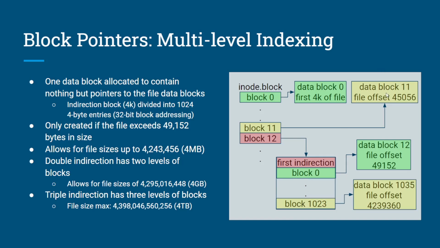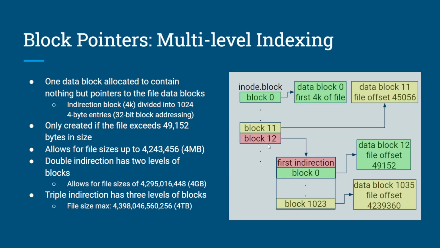So let's say that I have just written this 4K into data block 11, and I'm about to write byte number 49152. Well, the operating system will allocate this block and also allocate this block, putting a pointer from this to this block within the first level of indirection, and put a pointer into that.